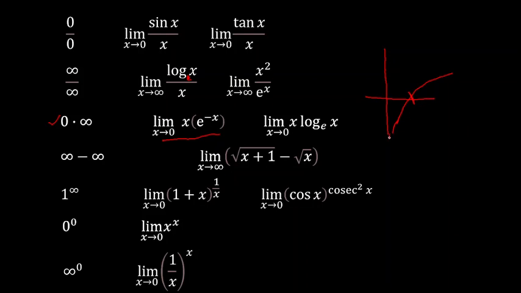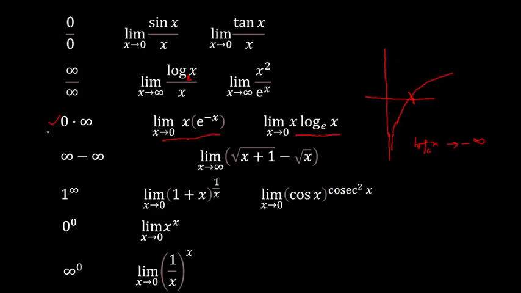But near 0 it is negative, going indefinitely below, a very large negative number. So when x tends to 0, log of x to the base e tends to minus infinity. Actually, it is the form 0 into minus infinity, or you can say 0 into infinity form.